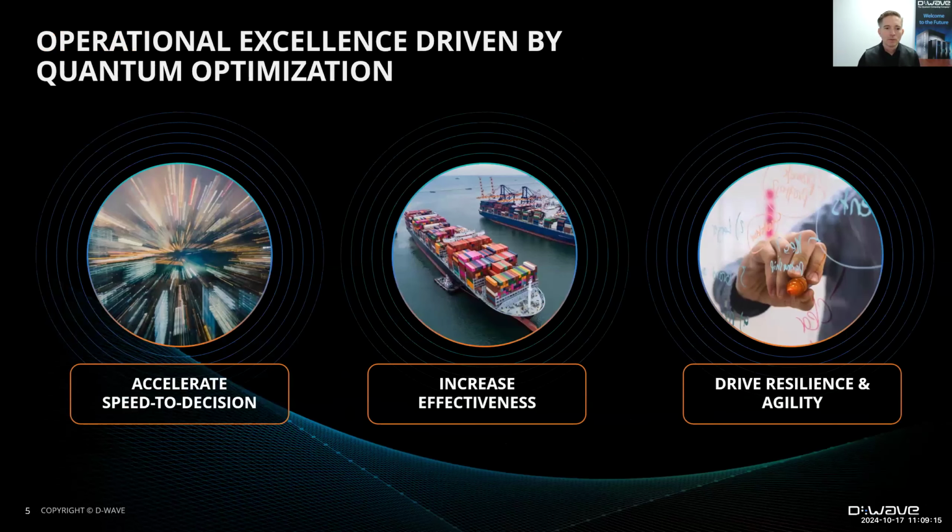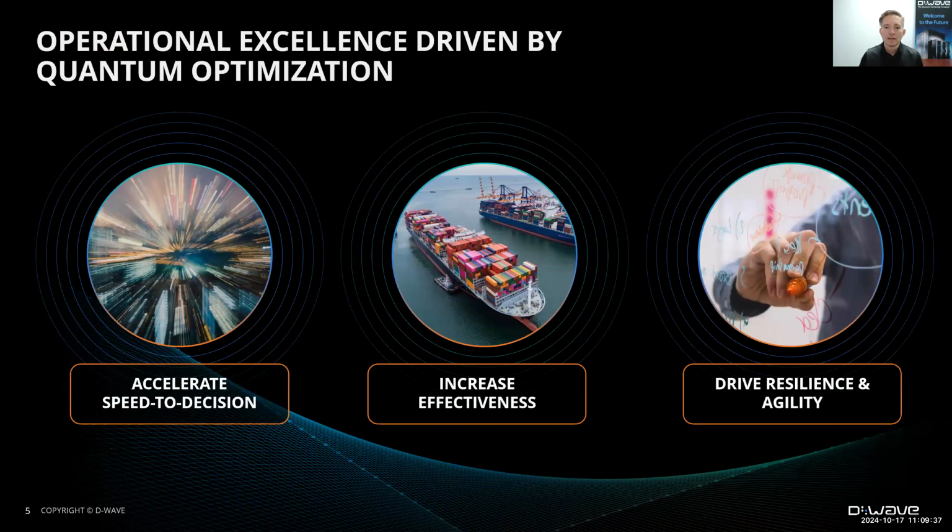How does that materialize? Well, in terms of the actual business impact, it usually manifests in a solution that accelerates a business's speed to decision, so they're able to make decisions in complicated situations much more quickly. It can also be about increasing effectiveness. I'm using the word effectiveness very deliberately here.